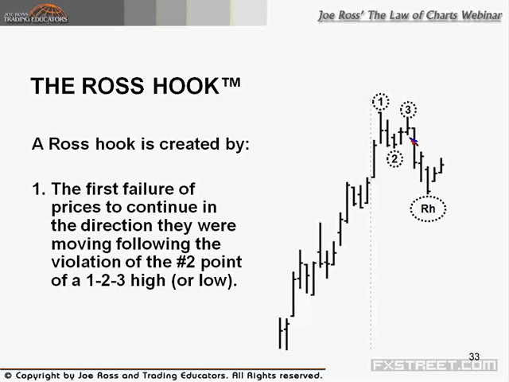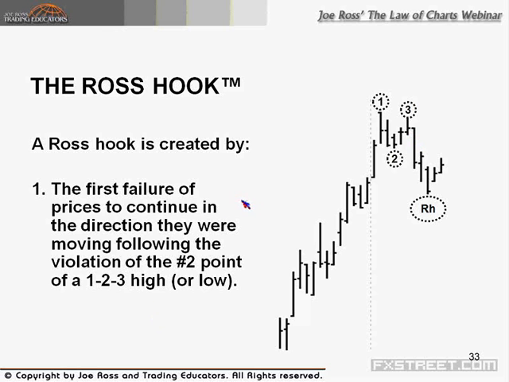And of course, here we've got a lot of potential for people who are in a trade to get out of the trade, or for other people to go short. And this is what causes a 1 to 3 formation, and what also makes it very powerful, because you've got that change in the supply demand equation. This is exactly where it happens.